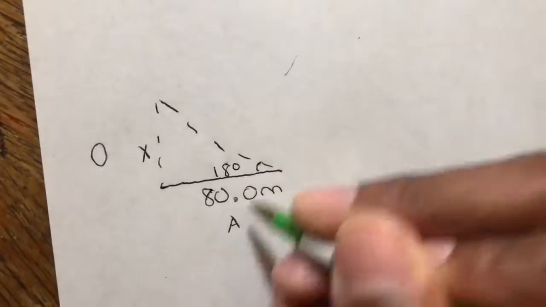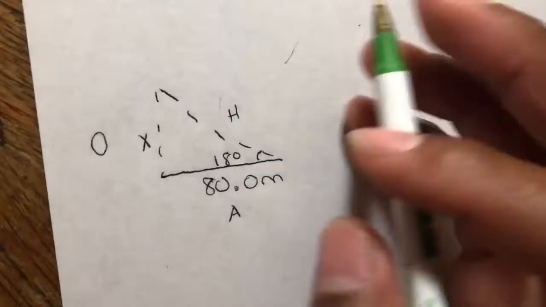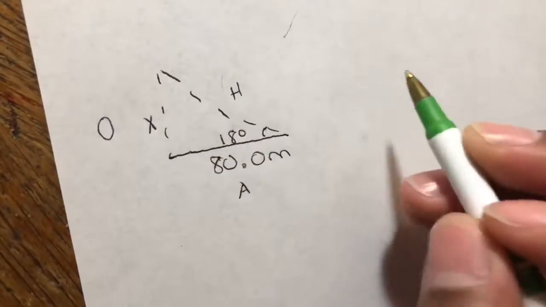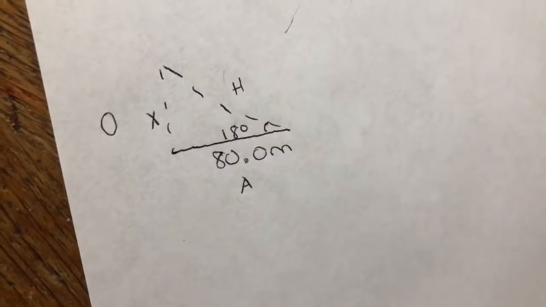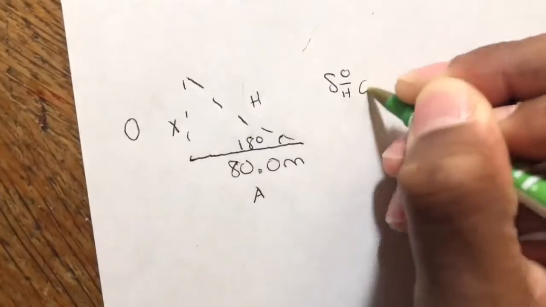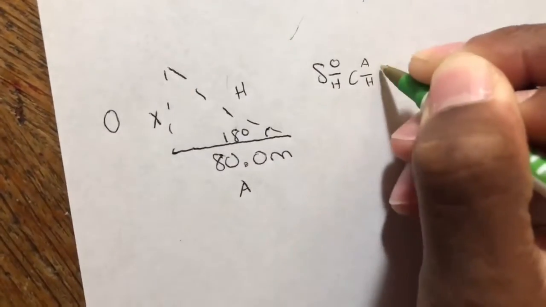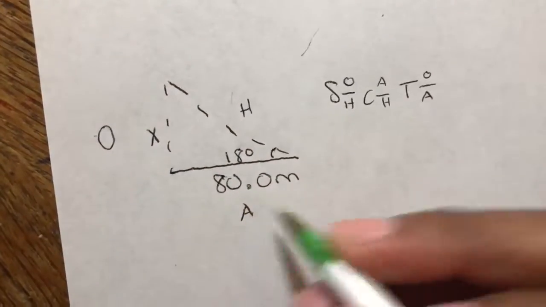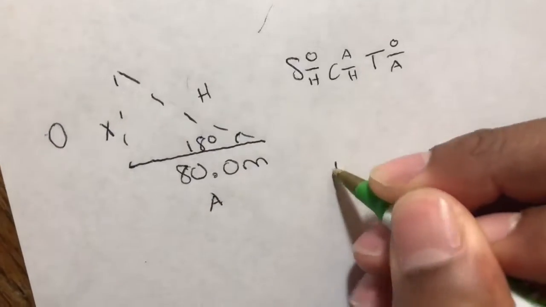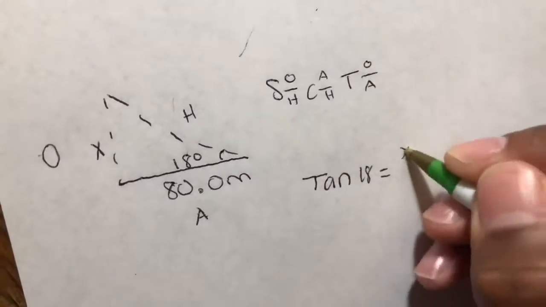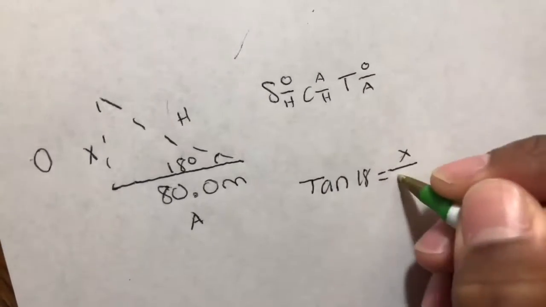So in this case, you know the opposite, you know the adjacent, you don't know the hypotenuse. And out of the SOHCAHTOA, what would you use to solve this problem? Okay, so SOHCAHTOA. You know the opposite and you know the adjacent. So you use tan. So it'd be tan of 18 equals x over 80.